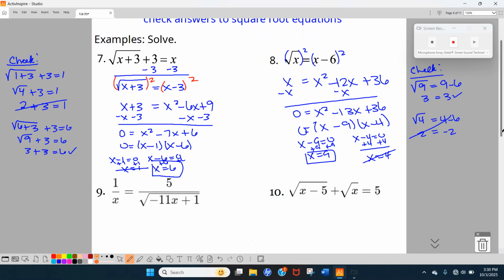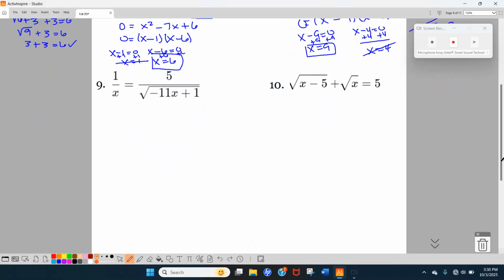All right, so making them a little more complicated. So remember we have to cross multiply if you have a fraction equal to a fraction. So we'll have the square root of this equals 5x. So then we can square both sides.